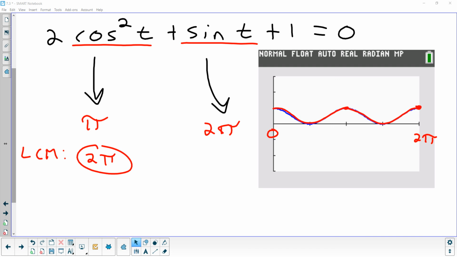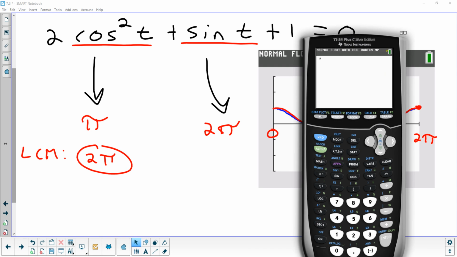Now, let's type in that whole thing. So we've got 2 cosine x squared plus sine of x plus 1. And I'm going to set my window to be exactly 1 cycle. Now I should probably set my range a little higher. Yeah, my range of -3 to 3 isn't good enough.